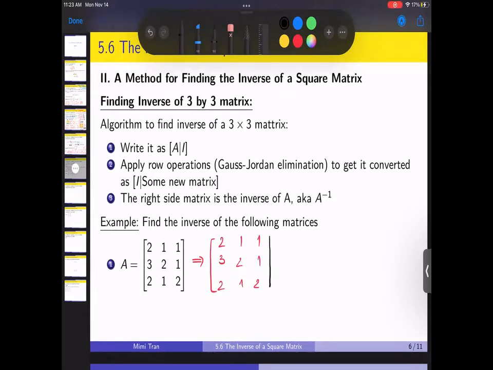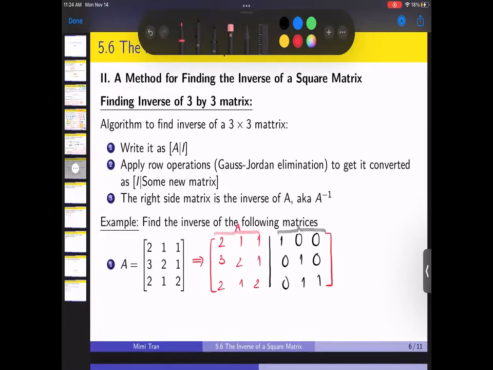On the right-hand side will be your 3 by 3 identity matrix: 1, 0, 0, 0, 1, 0, 0, 0, 1. This is matrix A.